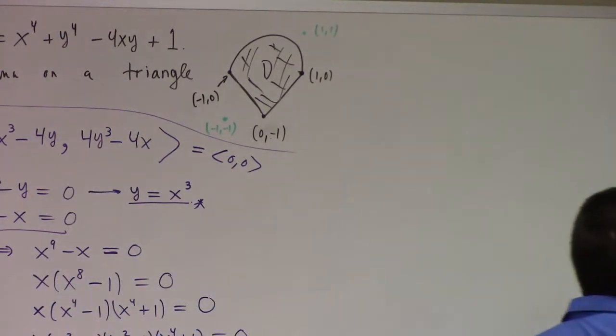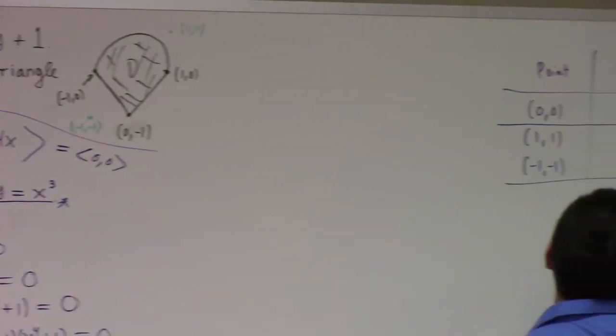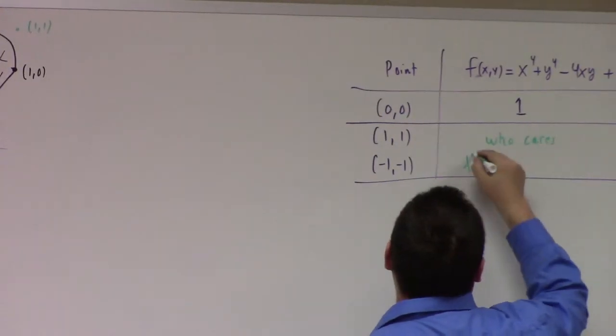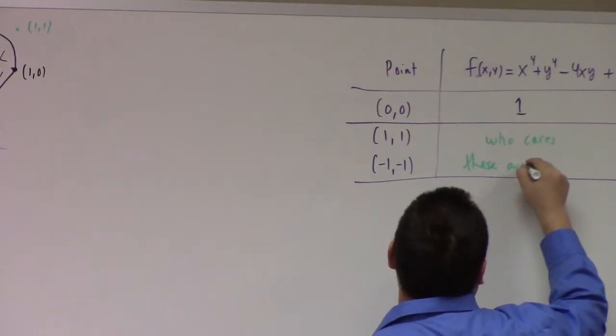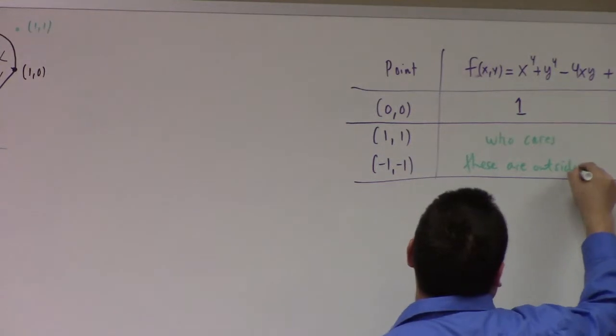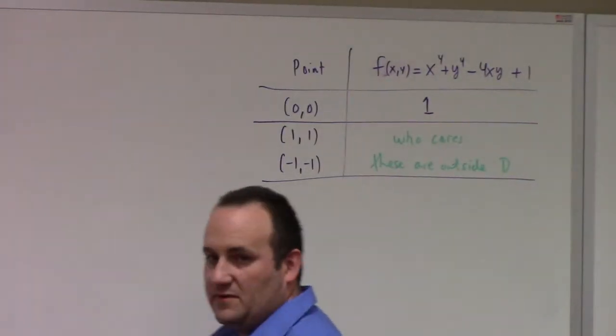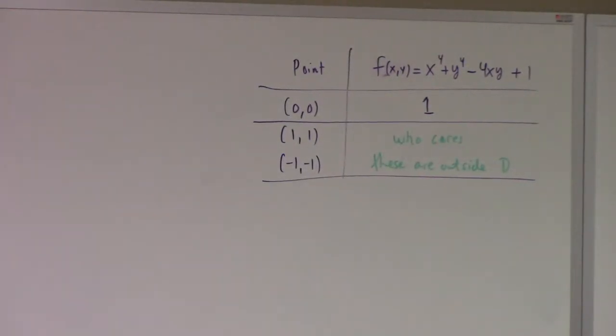So the answer here is, who cares? These are outside D. They're irrelevant. Just like in Calculus 1, when you do the closed interval method, you only consider critical points that are within the interval you're considering, right?